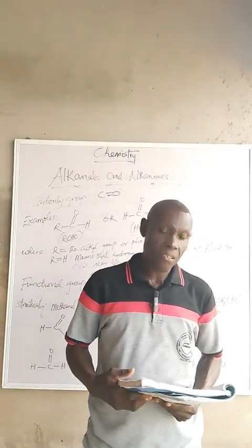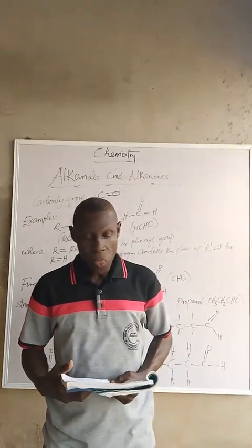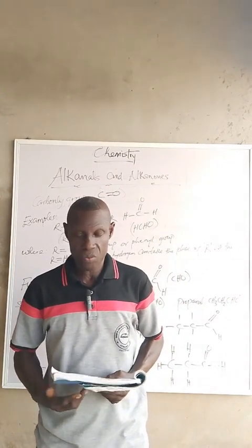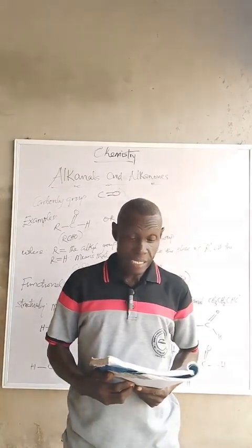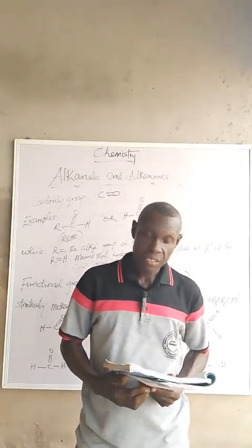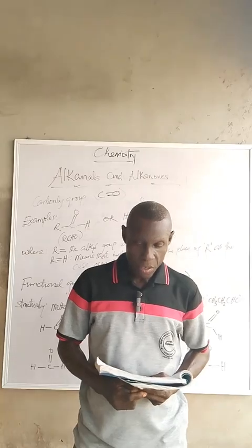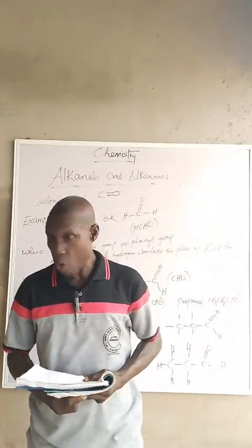The alkanals are also called the aldehydes, while the alkanones are known as the ketones. Some elements, for example, oxygen and nitrogen, possess a lone pair of electrons, which qualifies them to undergo coordinate combination.